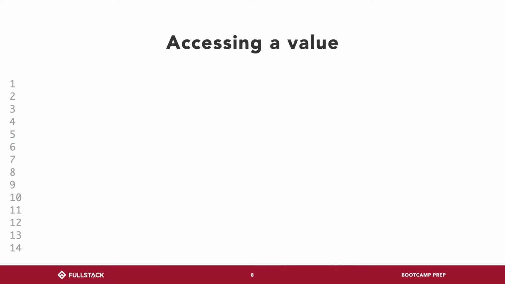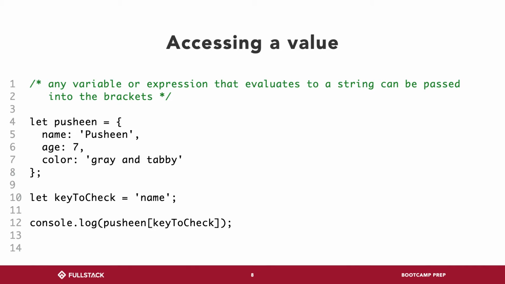Any variable or expression that evaluates to a string can be passed into the brackets. So I showed you a little bit of this too, right? It's the same object, machine, but now we're defining a variable, keyToCheck, and we're going to set that equal to name. So if we do console.log machine keyToCheck, and you could even do something like this: console.log machine, the string col plus the string or, which is what?